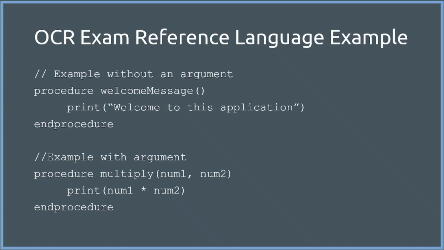With that top example, if we call welcomeMessage, it will just print out the line welcome to this application. If we call the method multiply, we would have to supply two numbers, num1 and num2. It would then print out whatever num1 multiplied by num2 is. Nothing gets passed back, it just prints it out to the screen.